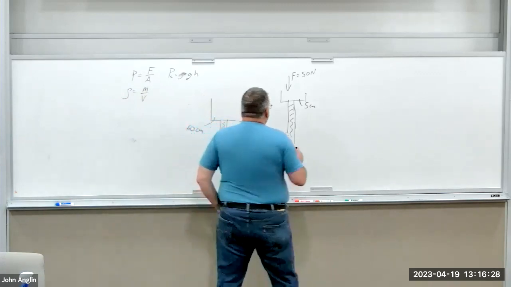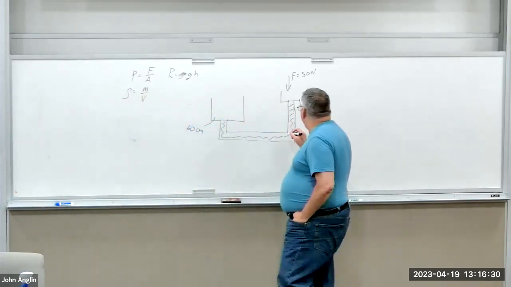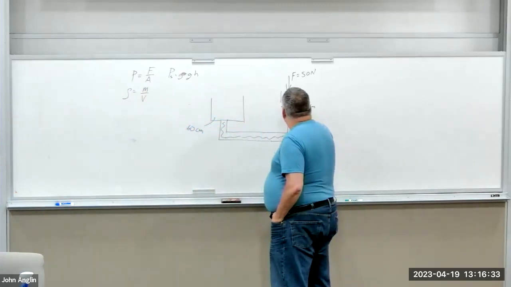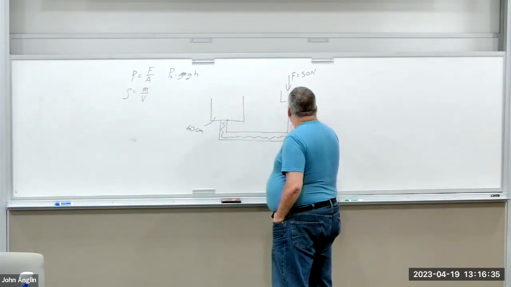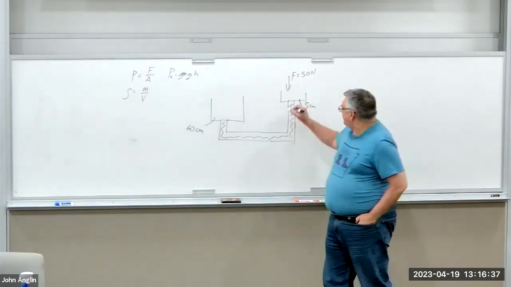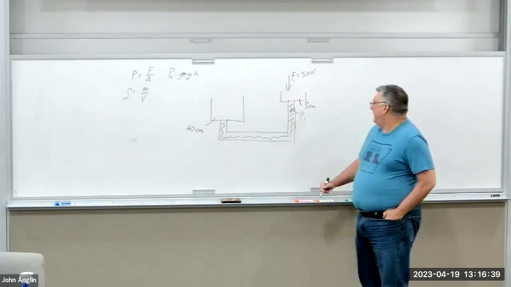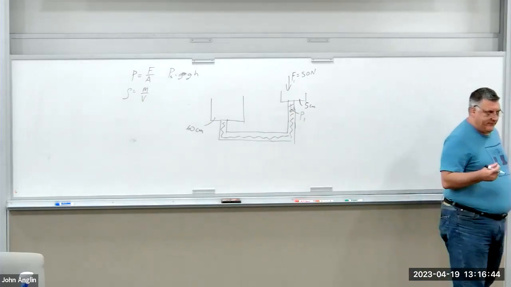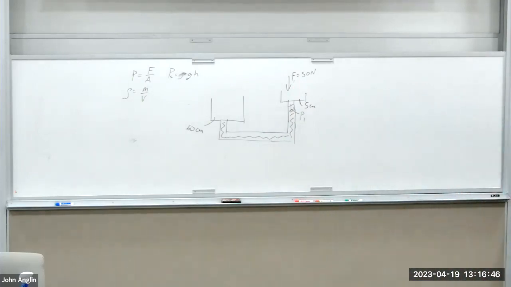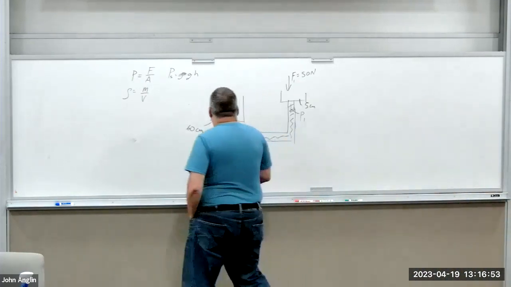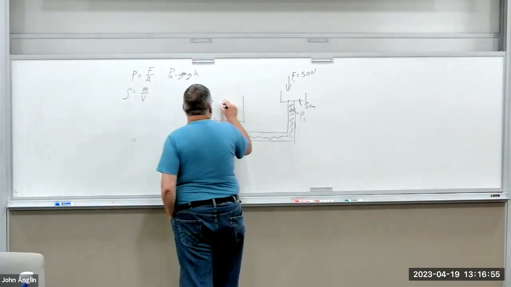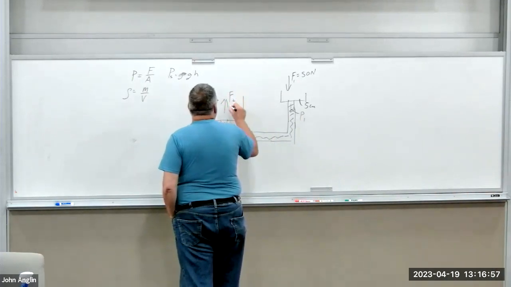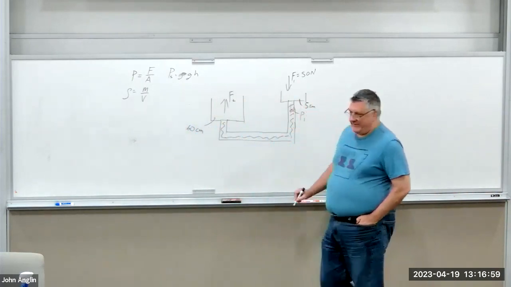So if I apply a force here, that implies that there's some pressure in the fluid. And what I want to know is, how much force am I going to get out of this?